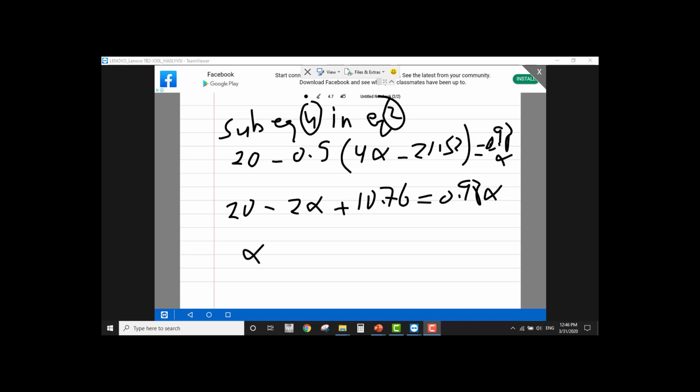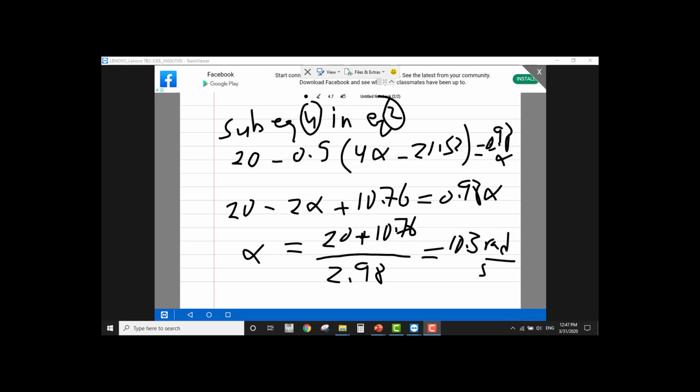This is equal to 20 plus 10.76, divided by 2.98, and this gives us 10.3 rad per second squared.